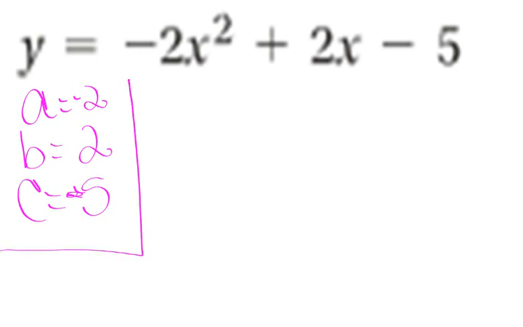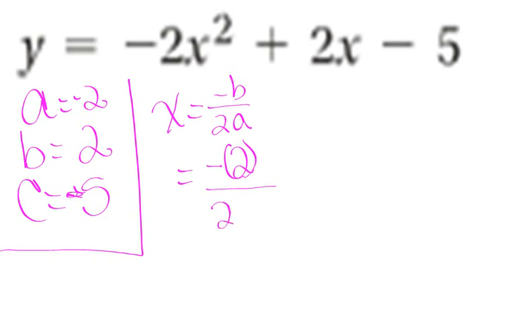All right, my next step is to get my x value. My axis of symmetry is my x value. So x equals -b over 2a. That's going to be equal to -b, and b is 2. I'm going to always put my variables in parentheses, so it will help me keep my sign straight. Over 2 times a, which is -2.